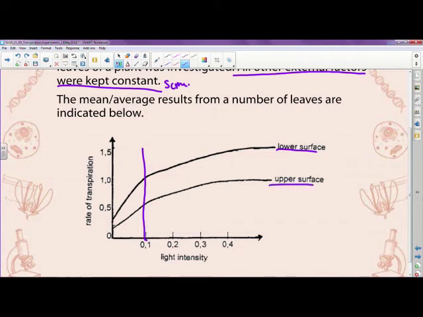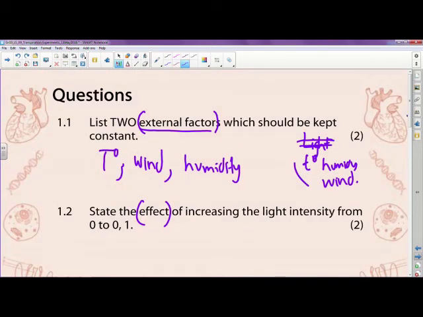They said to you, what effect? Here was 0. I made it brighter. When I made it brighter, what happened to the rate of transpiration? What does my graph do? It starts to show an incline. So what effect is happening?